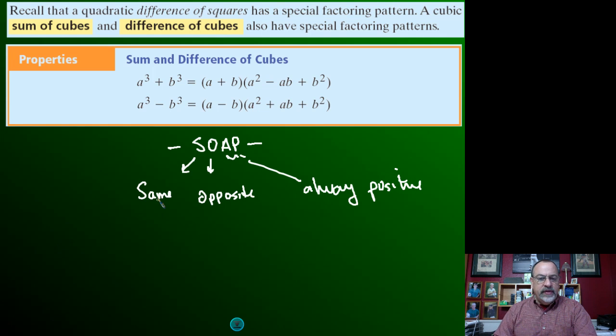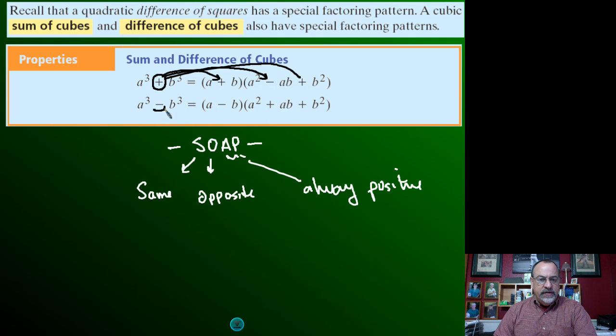That has to do with the signs. If you're looking at a sum of two cubes, the first sign is the same, the second sign is the opposite, and the third sign is always going to be positive. So same, opposite, always positive.